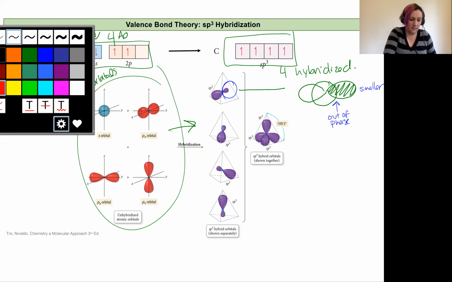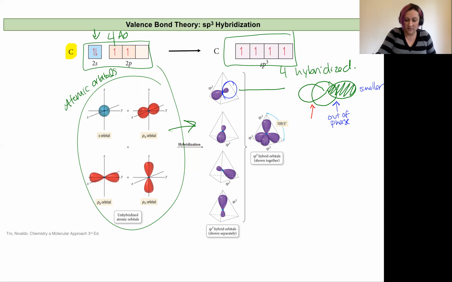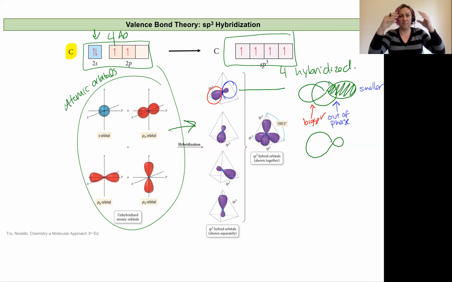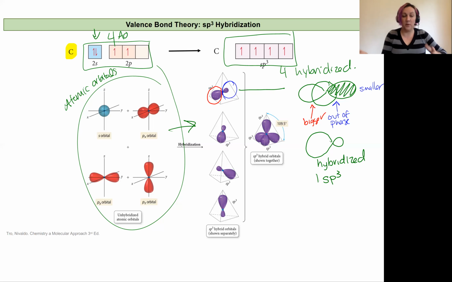And the parts where there's constructive interference will get bigger. That's going to be this part of the lobe right here. And so we get this picture that looks like a disproportionately sized p orbital. That's going to be one of our hybridized orbitals, and it represents one sp3 hybridized orbital. And we'll have 4 of these.